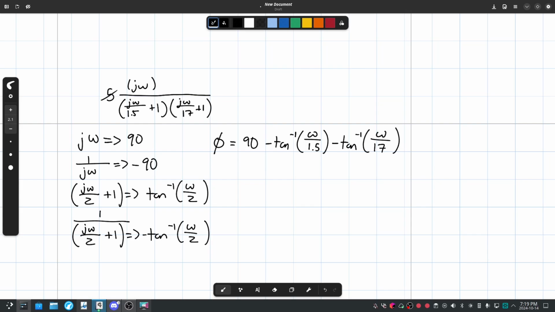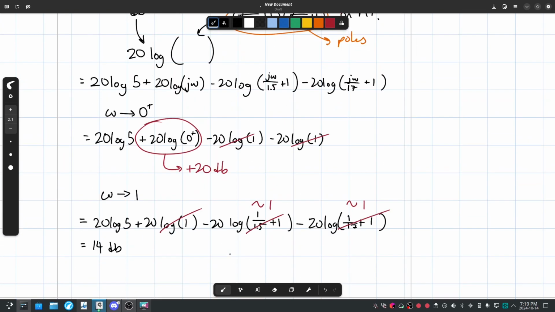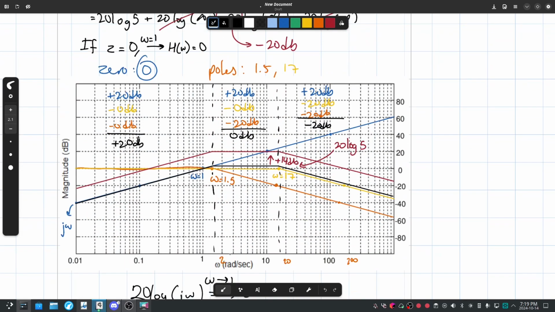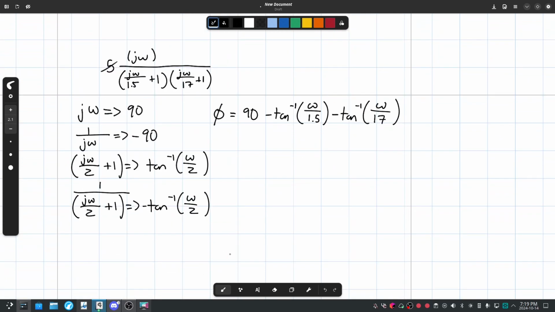Now, I said before that you can sort of skip this stuff here. You cannot for phase. So phase, where omega is equal to 0, or approaching 0, you're just going to get 90, right? Because these tangents go to 0. Oh, sorry.